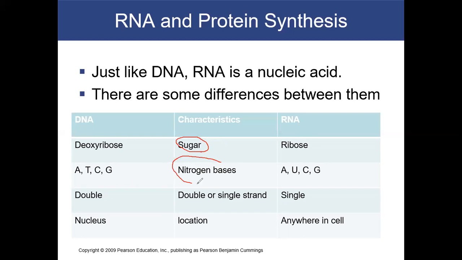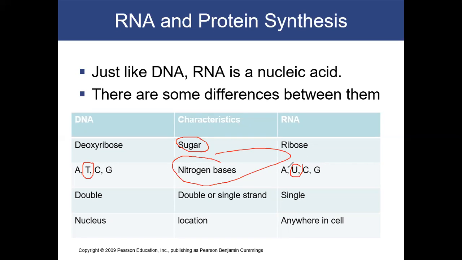The nitrogenous bases: when it comes to DNA, as you know, adenine, thymine, cytosine, guanine, but the thymine is only found in the DNA and the uracil is only found in RNA.